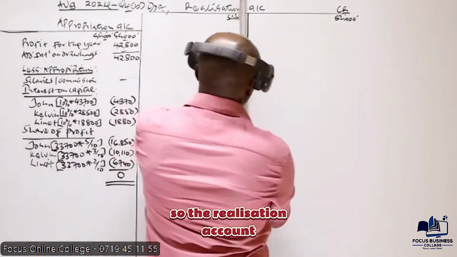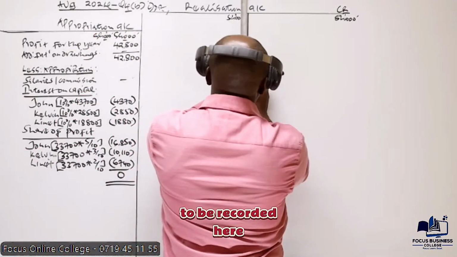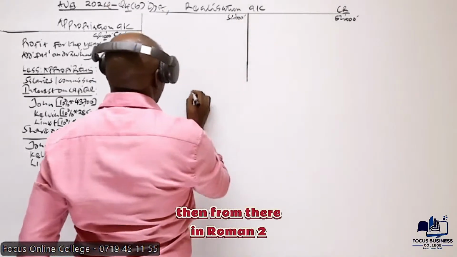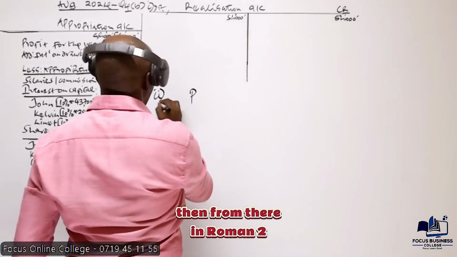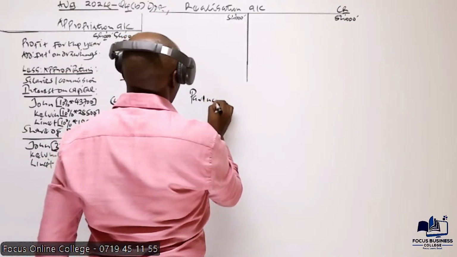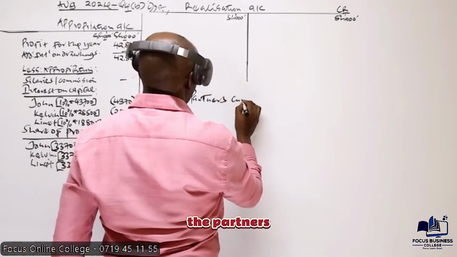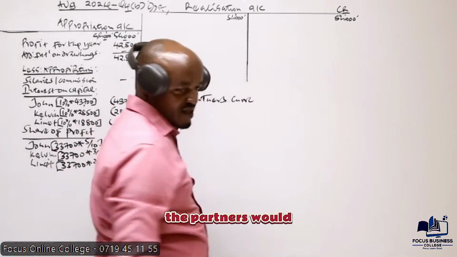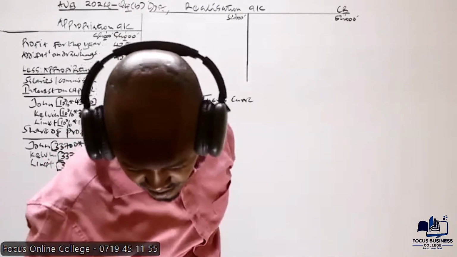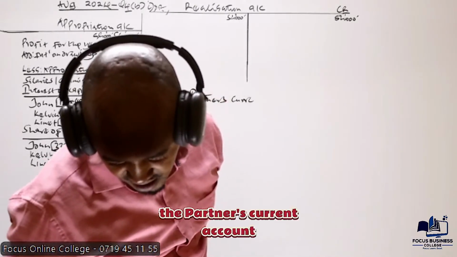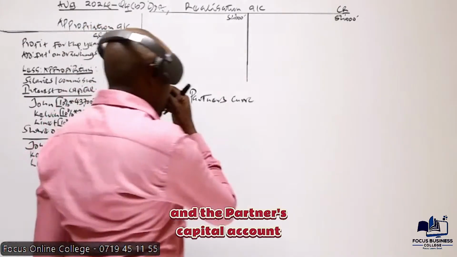In the realization account, we have a number of items to be recorded here. Then in Roman 2, we are required to prepare the partners current account and the partners capital account.